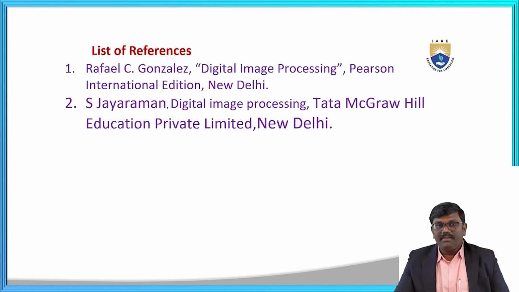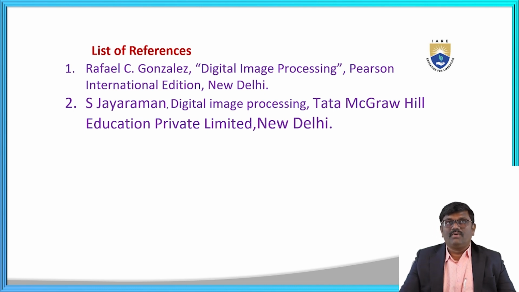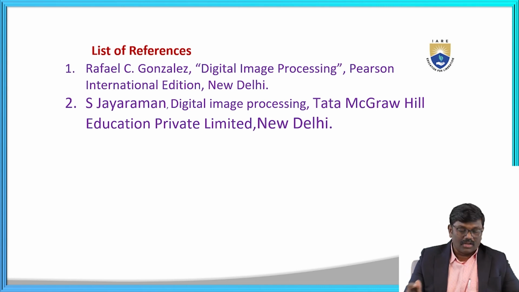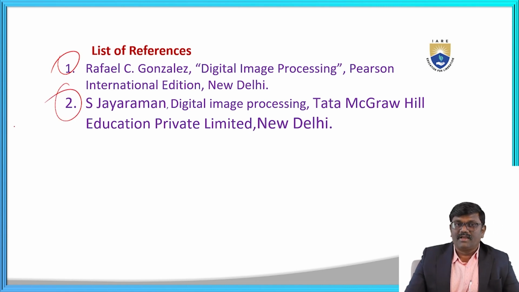I'm stopping here by showing the references, the prescribed textbooks according to our syllabus. You can also go through both textbooks for the sake of understanding this color image processing.